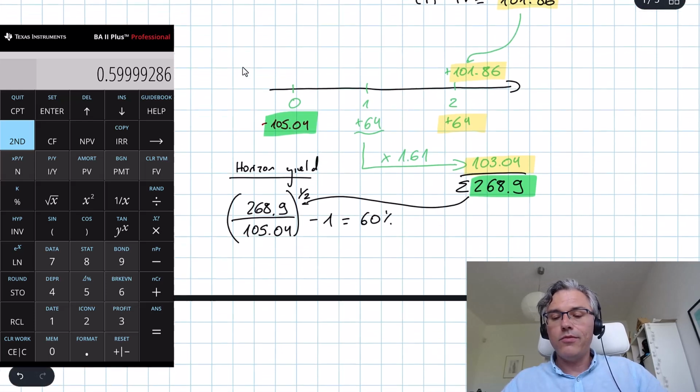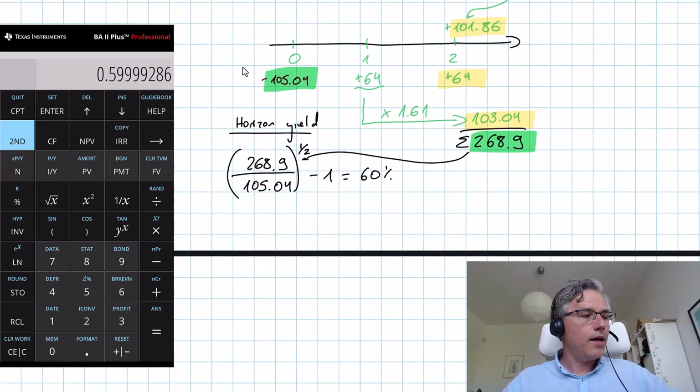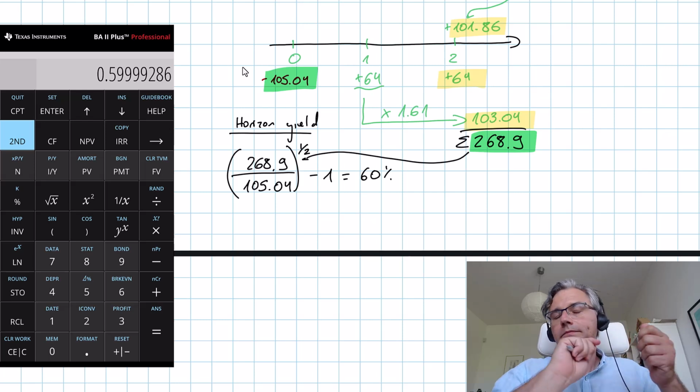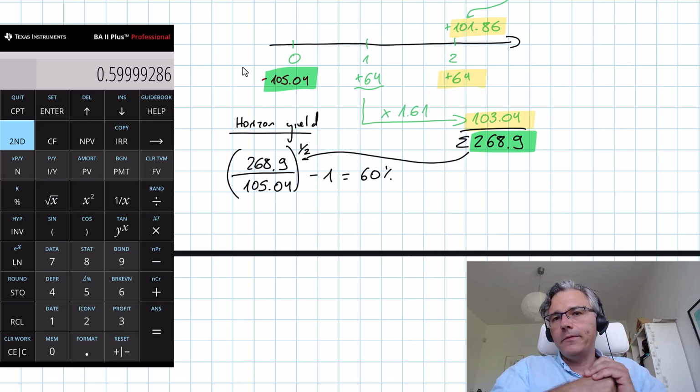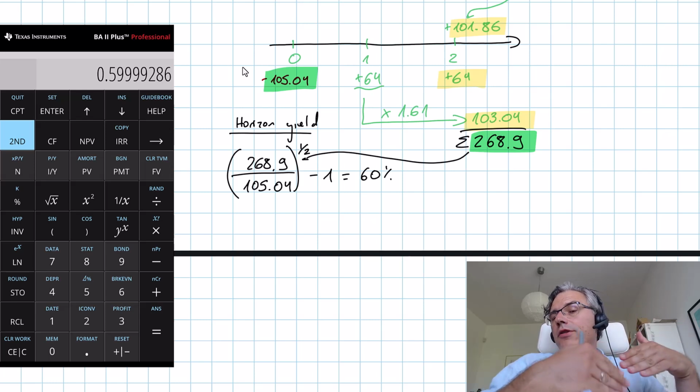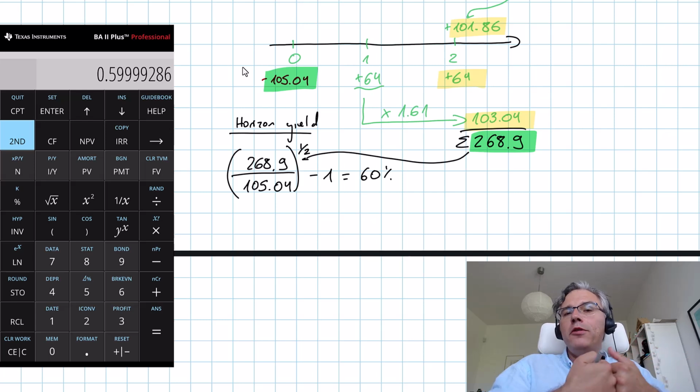How is that possible? Well, remember what happens. You should remember from the previous video, when yields or interest rates change, there are two things happening. On the one hand, the price for which you sell the bond changes, but there's also a change to how much gain you make from the reinvestment of the coupons.